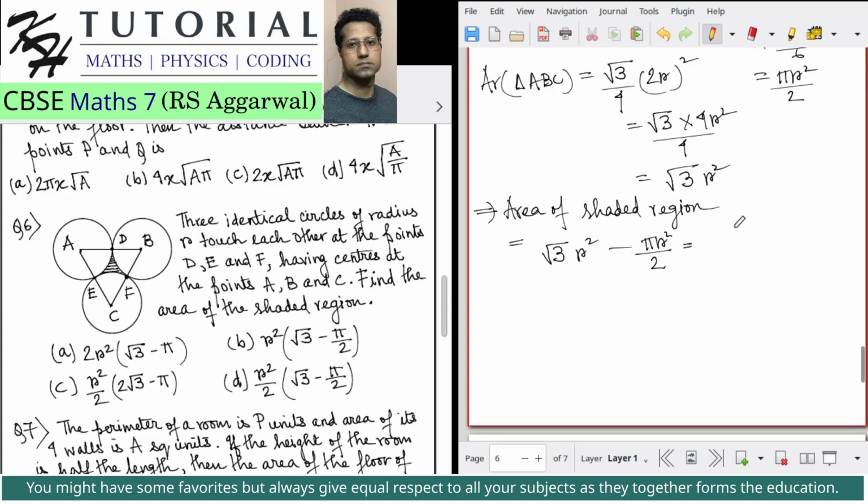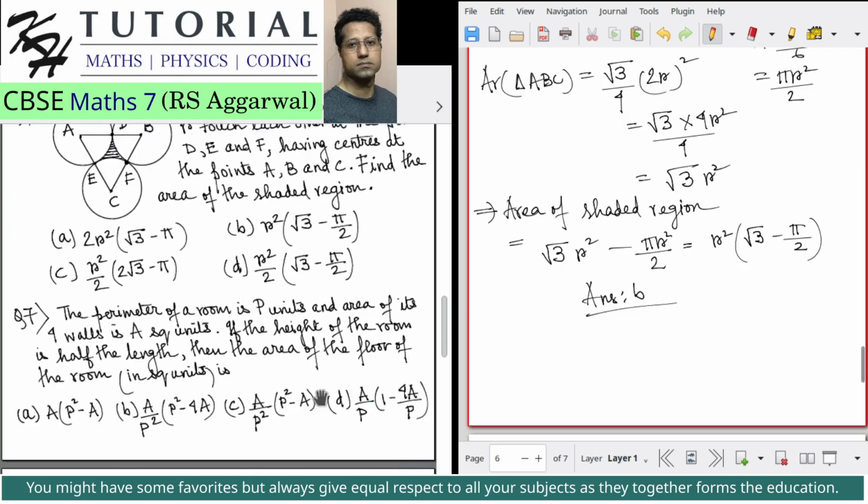If I take r square common, I have r square multiplied by square root of 3 minus pi by 2. This should be the area of the shaded region. Now, maybe we have to simplify this. Okay, so we already have a choice. So the correct choice is B. B is the correct choice.